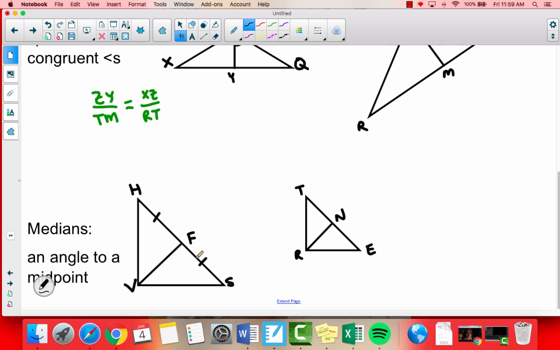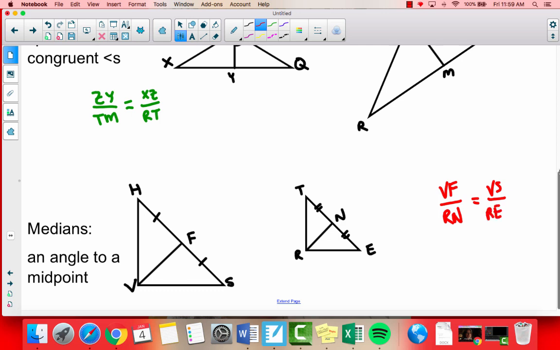So it's going to be HF and FS will be congruent, and then TN and NE would be congruent. And then again, just like before, set up your proportions. So have the medians in one ratio, VF over RN, is going to be proportionate to one pair of sides. Maybe I do VS over RE, and then we'd be done.